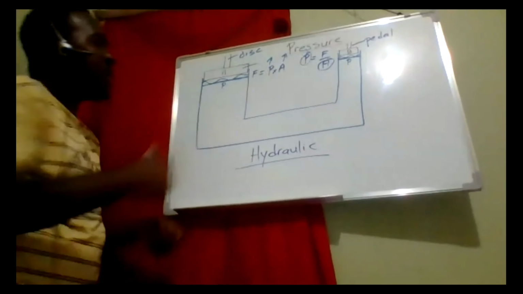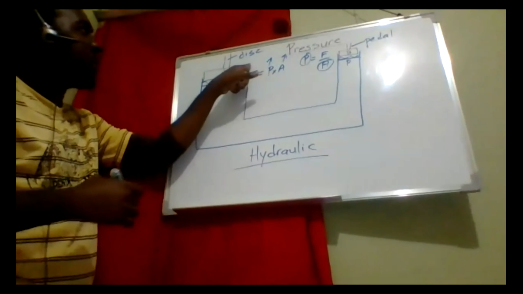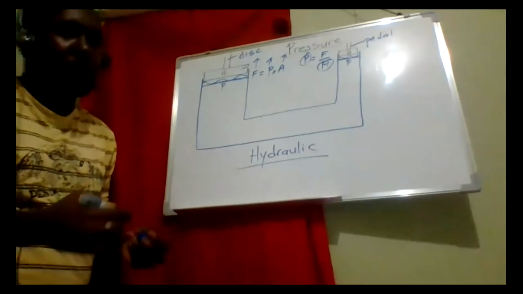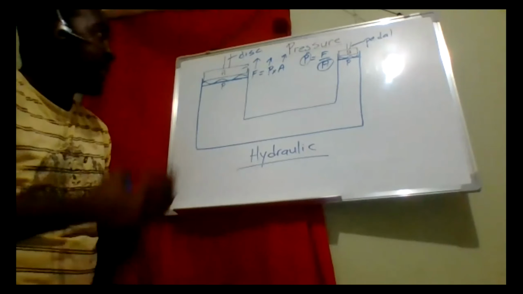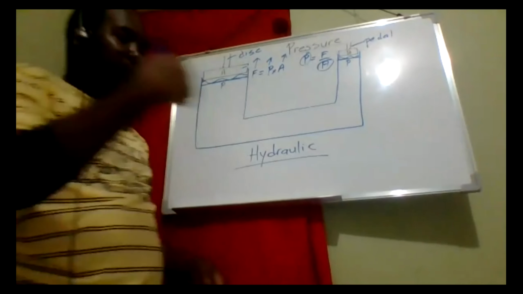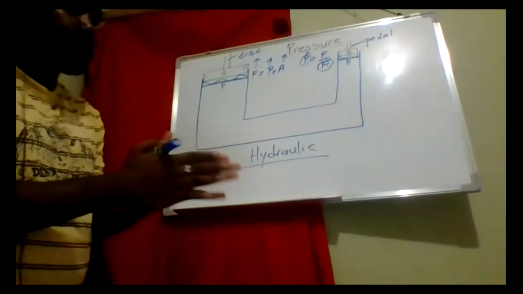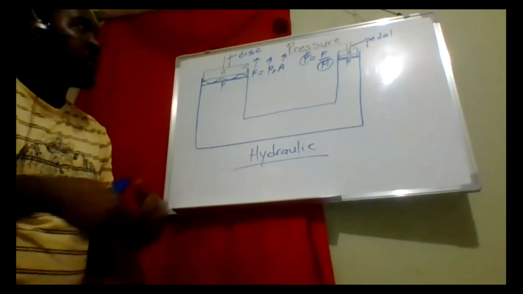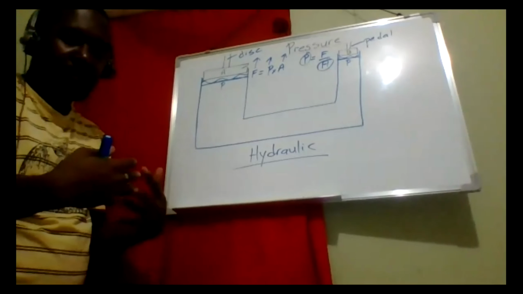Therefore, our force that will be produced on the disc pad will be high as well. That's how this system works to create a high force to cause the disc pads to clamp onto the wheels and stop it fast.